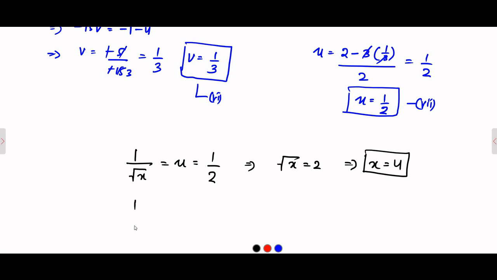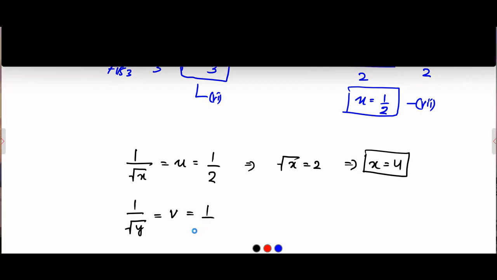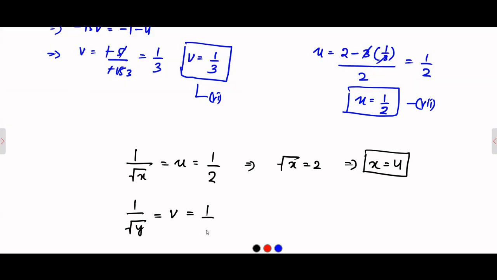Similarly, 1 by root y is equal to v, which is equal to 1 by 3.